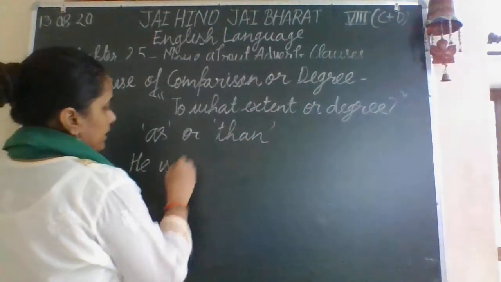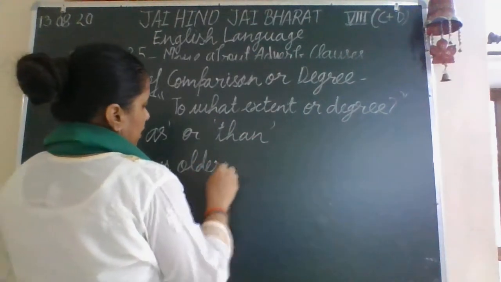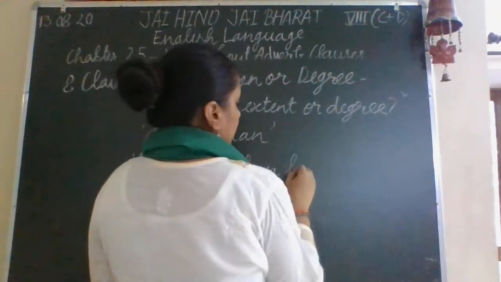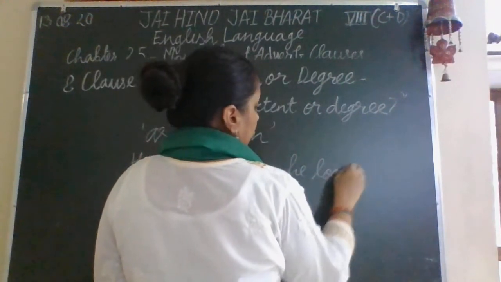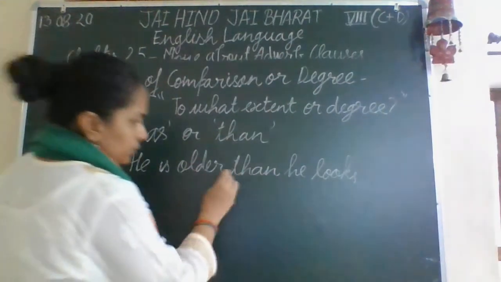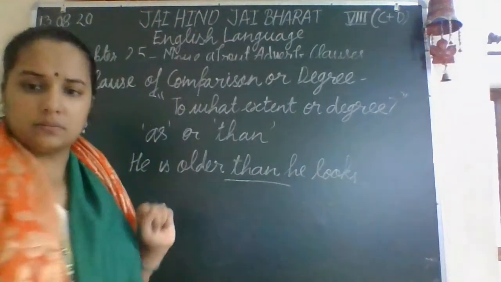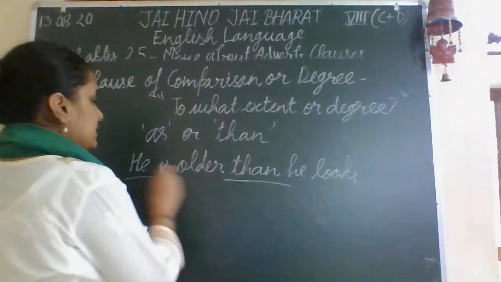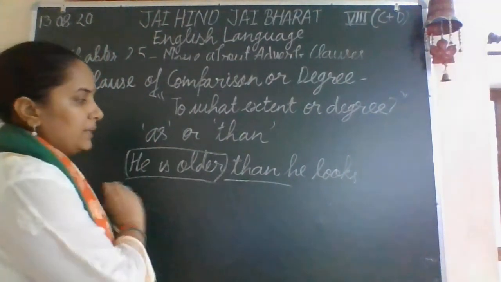Many a times you must have seen, he is older than he looks. All of you must be aware in general that we use than for the comparison. So he is older. This is the complete sentence. It is giving you the complete meaning.